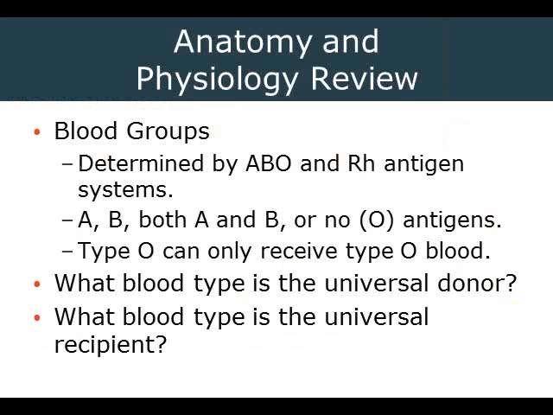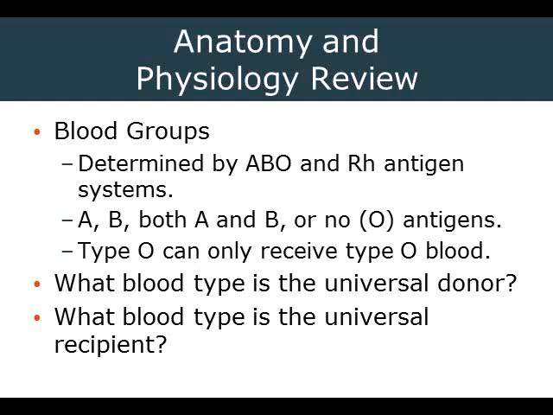So of course, we have blood groups, blood typing. Many of you probably know what your blood type is. If anybody's given blood, you certainly should know. We have lots and lots of different antigens in our body, in our blood. But the two biggest, most commonly referred to ones are the ABO system and the Rh system.